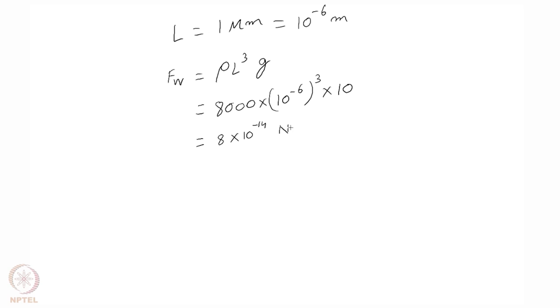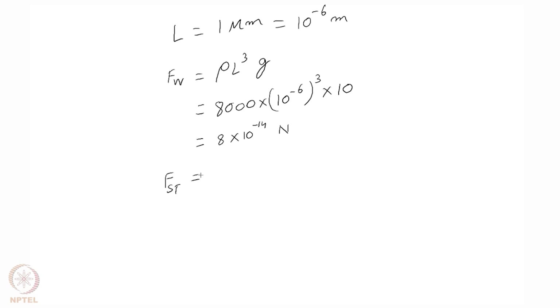So this is the weight force, or the gravitational pull, while the block is of size 1 micrometer. Each side is 1 micrometer. Now what is the surface tension force?